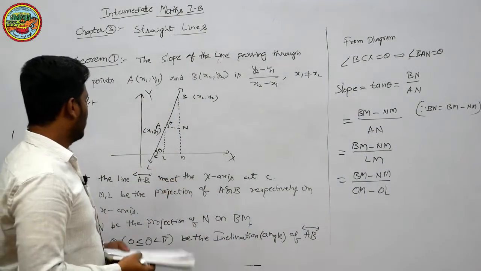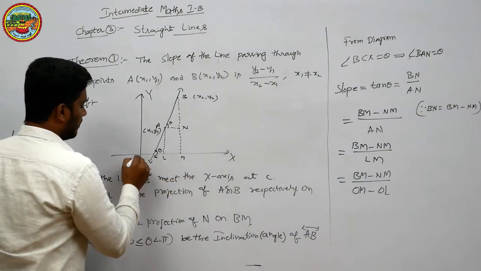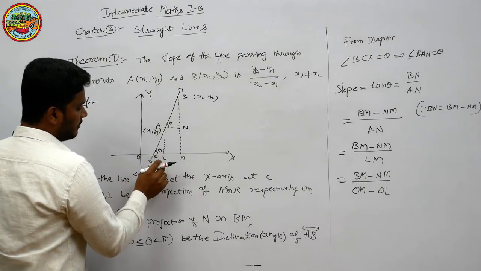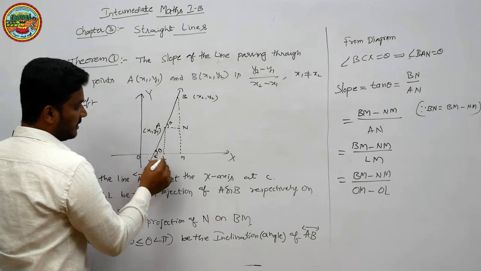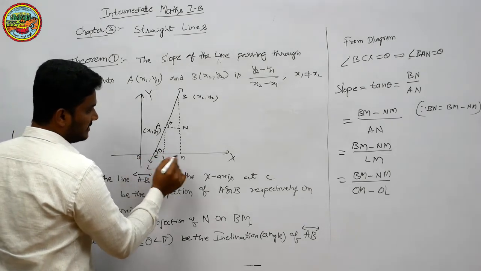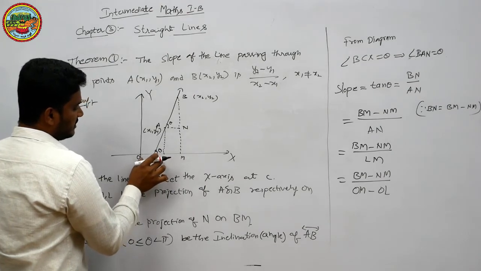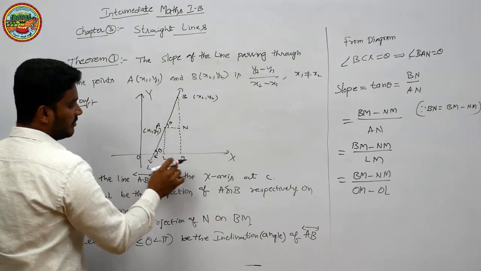Here O is the origin, and L divides OM into two parts, so we can write LM as OM minus OL. If we subtract OL from OM, we get LM.